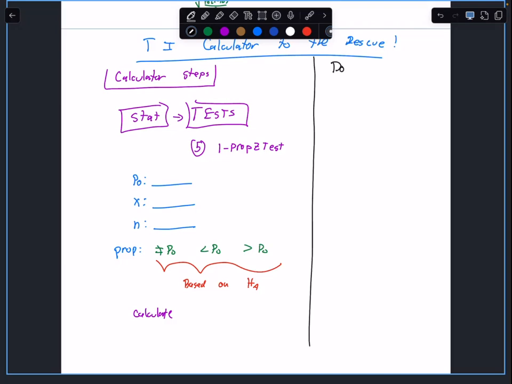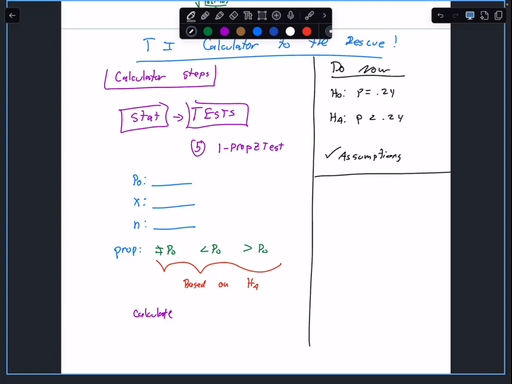Let's go back to the do now, where our null hypothesis was p equals 0.24, and our alternative hypothesis for blue M&Ms was p less than 0.24. We checked our assumptions, and they all checked out.